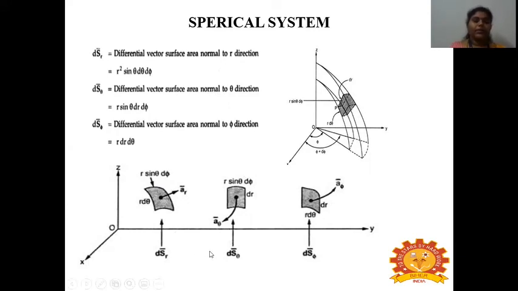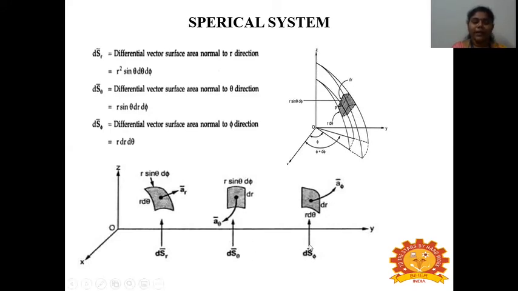Then the surface area which is normal to the theta direction. The theta direction will be normal to the two planes, that is dr and r sin theta d phi. So here the surface area is given by r dr sin theta d phi a_theta vector. So this is the surface area normal to the theta direction.